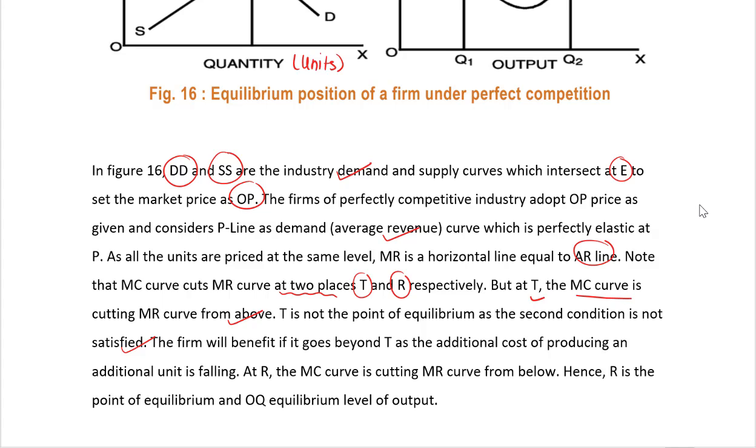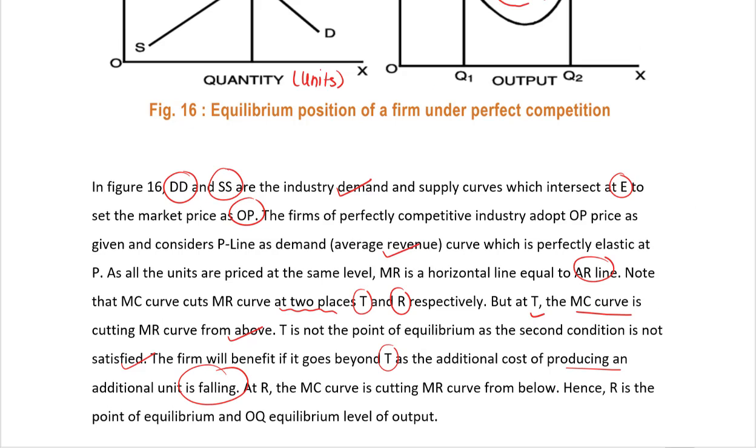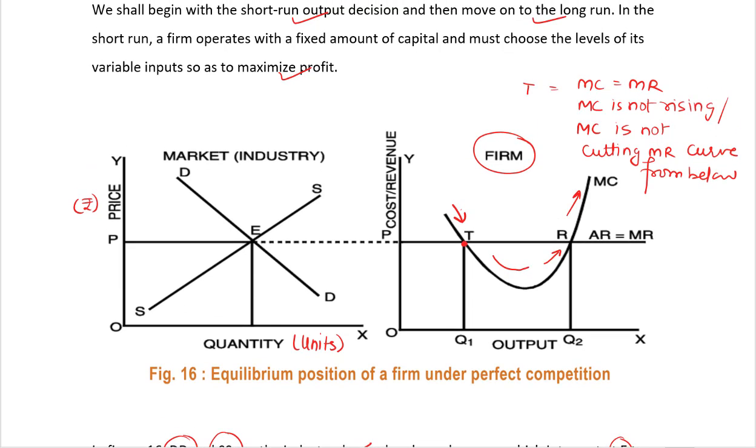The firm will benefit if it goes beyond T as the cost of producing an additional unit is falling. So the revenue is stagnant but the cost is falling. That means it is profitable to do more production.